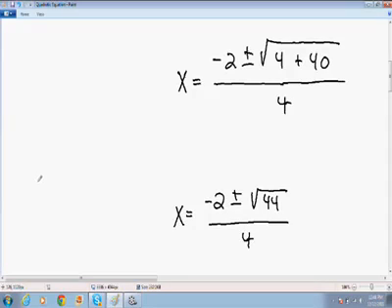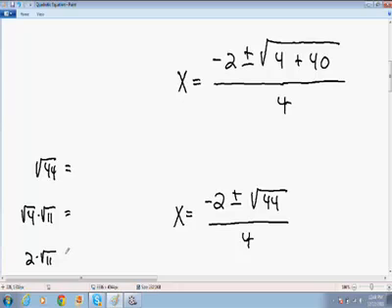Now the square root can be simplified even more, because the square root of 44 can also be written as the square root of 4 times the square root of 11, because 4 times 11 is equal to 44. The square root of 4 is a perfect square, so we can rewrite that as 2. And the square root of 11 cannot be simplified anymore, so that stays the same.